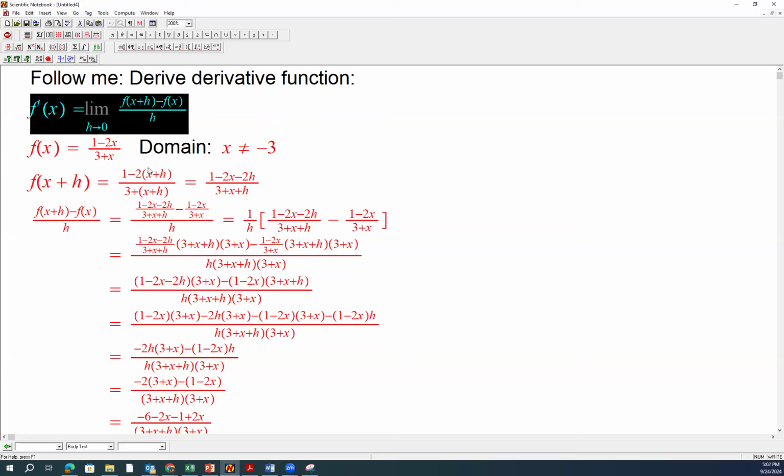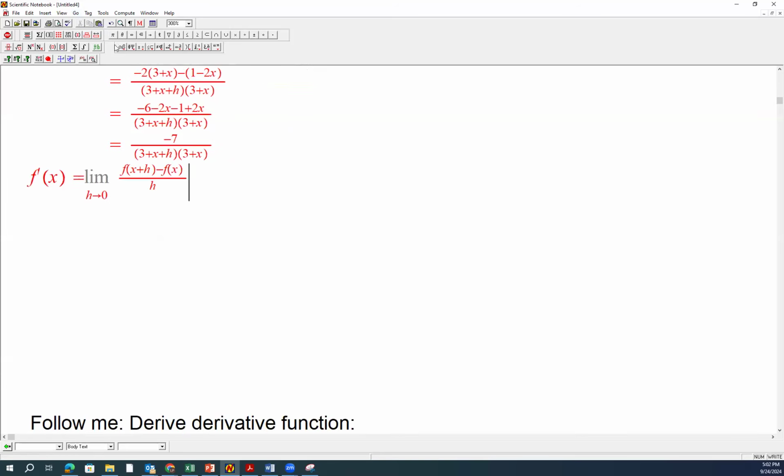Okay, so let's do that. That limit equals the limit as h approaches 0 of the whole of this quotient after it's been reduced. Direct substitution, h equals 0. So in the end, we get negative 7 over 3 plus x squared.